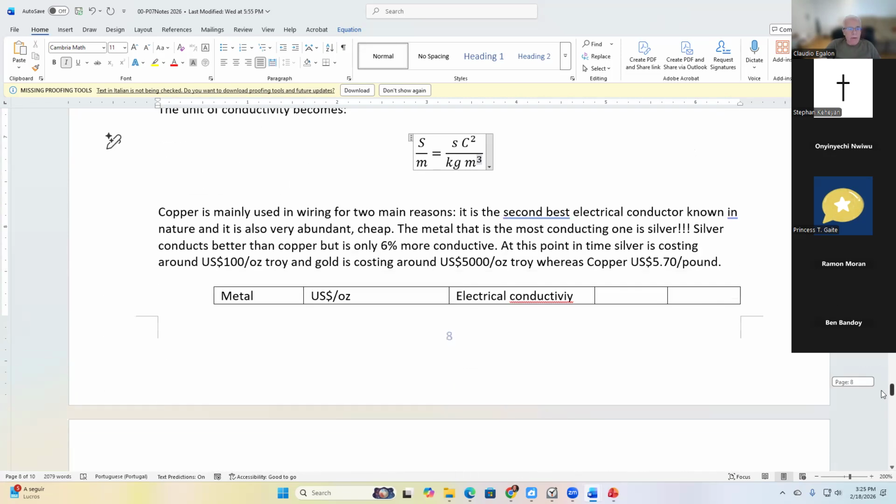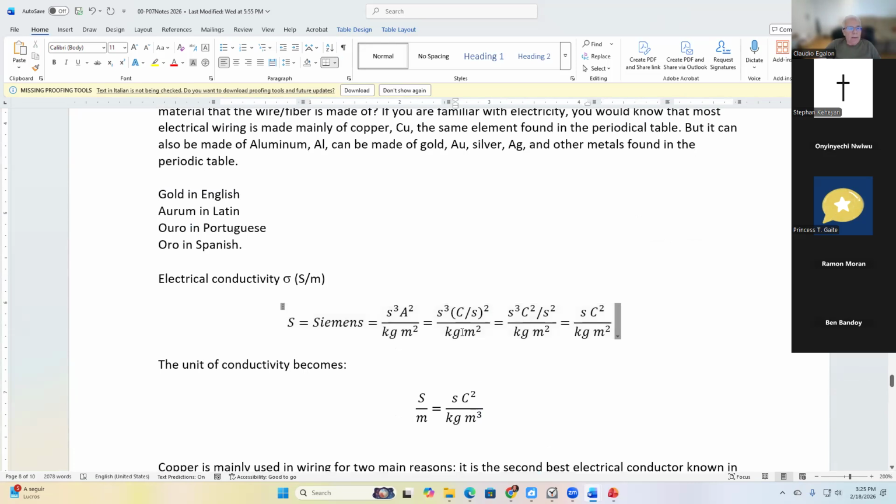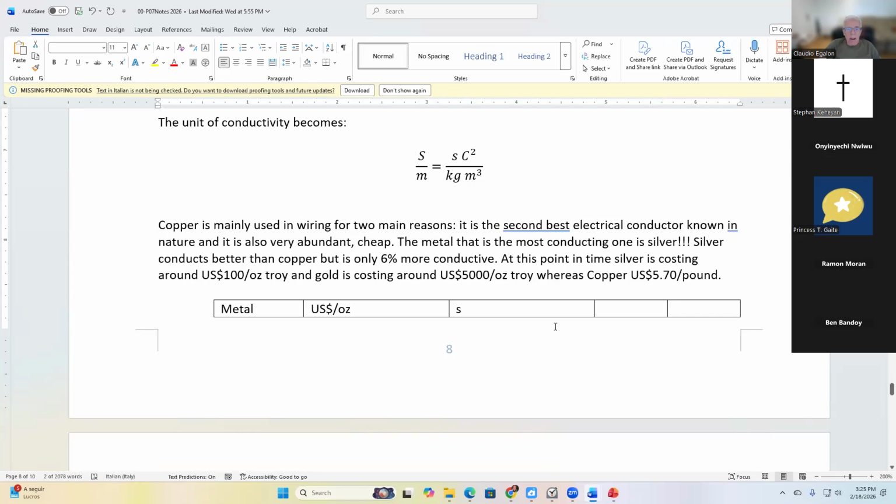Why did I do that? Because I didn't want to write down all that stuff. All I wanted was to simplify what we have here. Thermal conductor, we'll worry about thermal conductor soon.